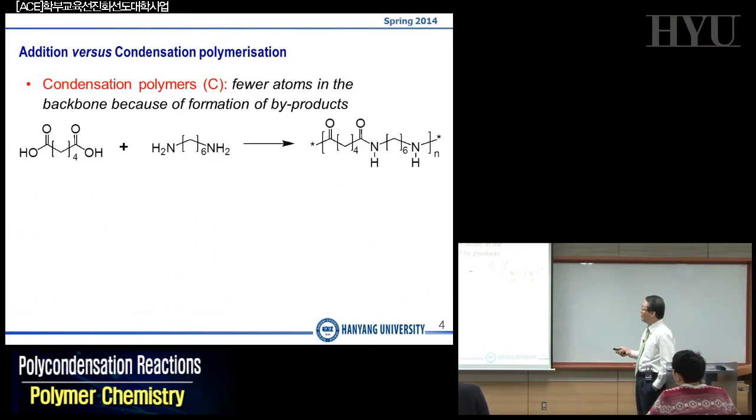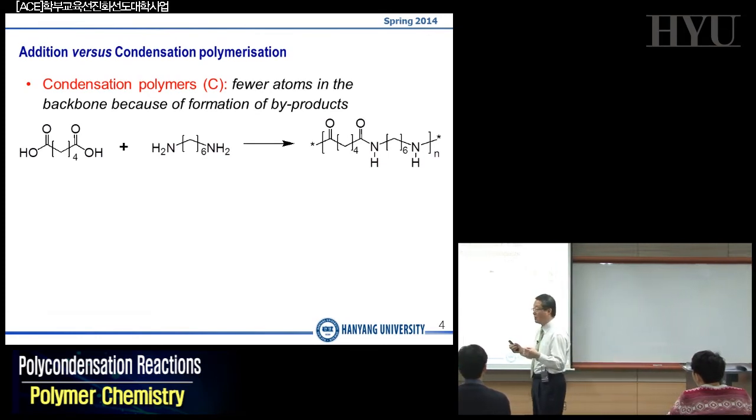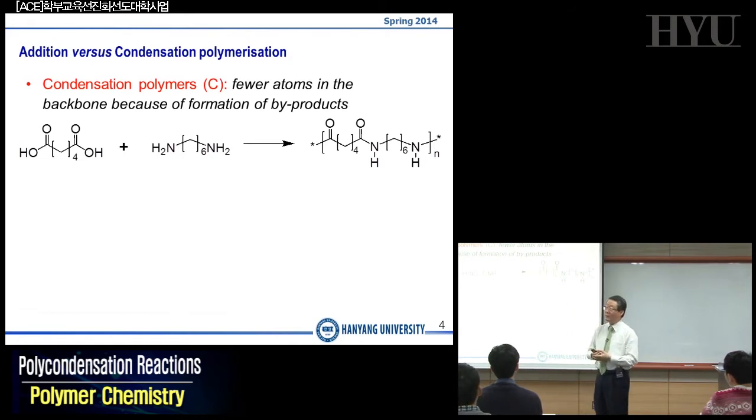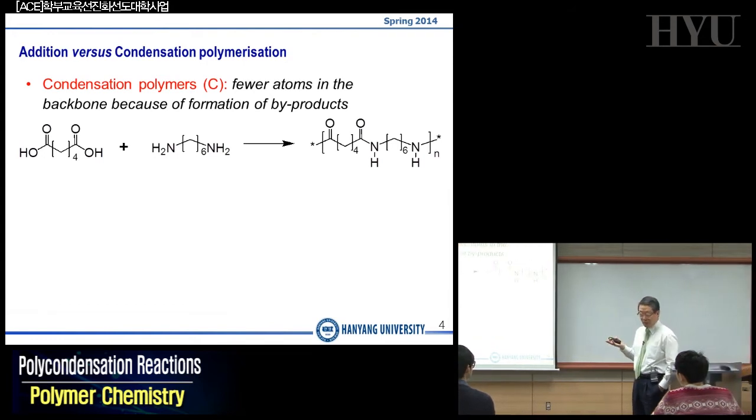For example, you have adipic acid. Okay, one of the structures that I have given you is polyhexamethylene adipamide. Here, you have adipic acid and hexamethylene diamine reacting together to become hexamethylene adipamide.